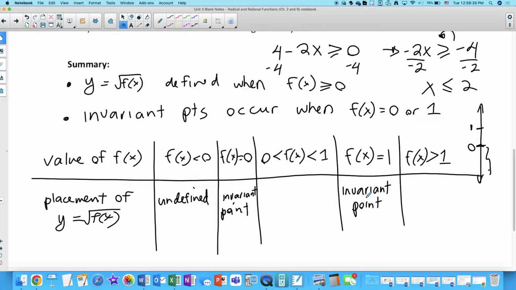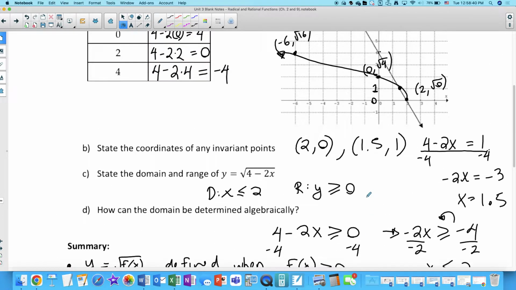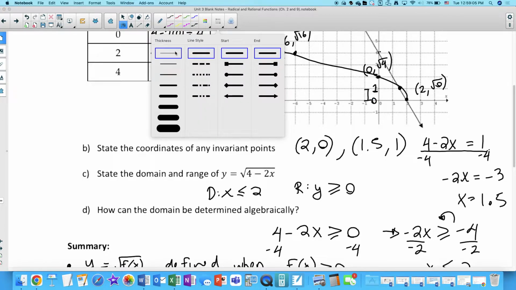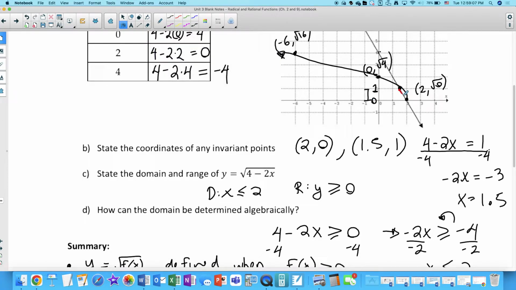Okay, so now let's look at this. When f of x is between 0 and 1, so that's right in here, where is the radical function compared to the original one, in simple terms? Between here and here, here's the original function. Here's the radical function.